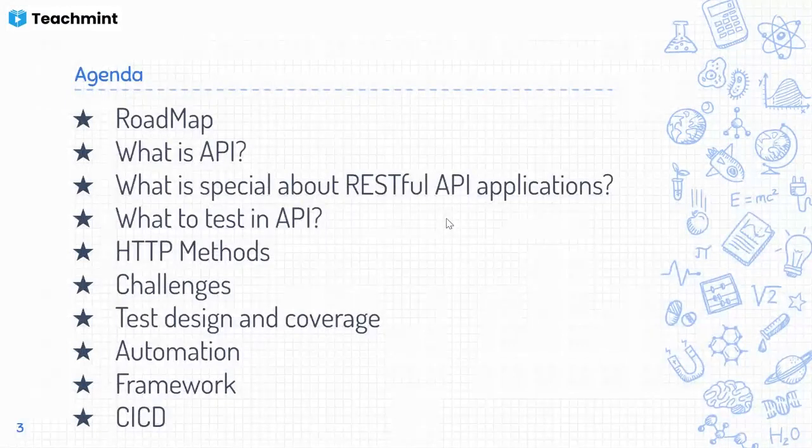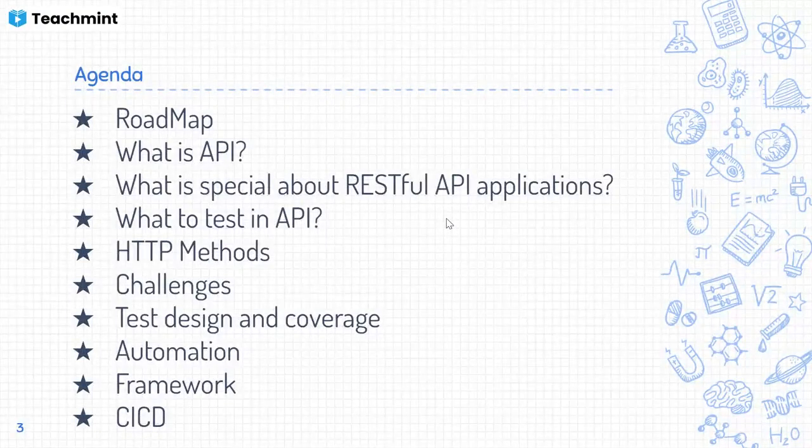So coming to the agenda throughout the course. So this is my agenda. First, today I won't take much time because I'll just give you an overview about the course, what are the different topics that we cover, what is the duration, and what are the daily class times.